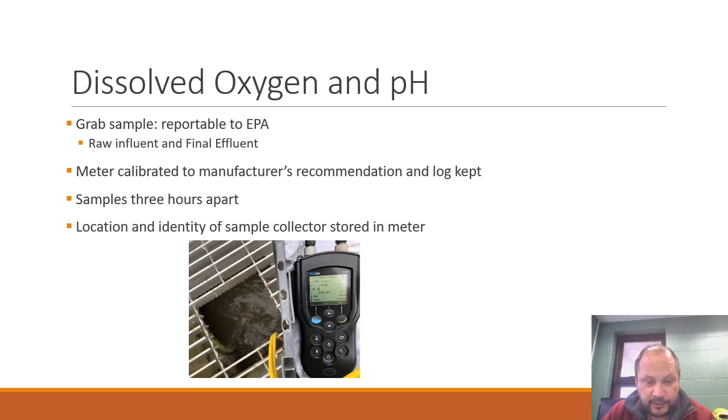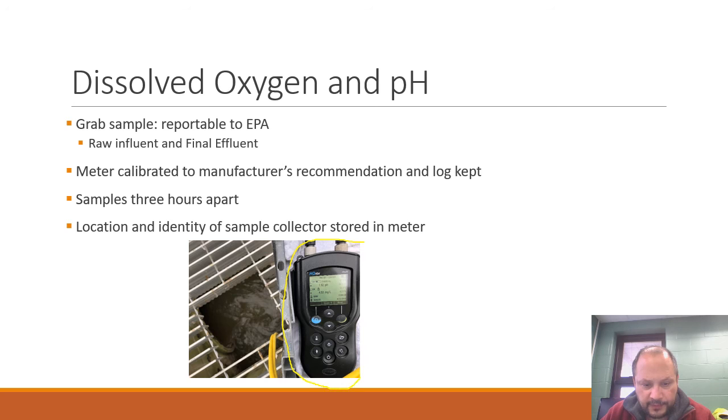For this test, we have a pH and dissolved oxygen meter. Actually, it's 2 different meters. All the software is contained in the parts that get suspended in the flow, and then this part here just stores the information and displays it for us.